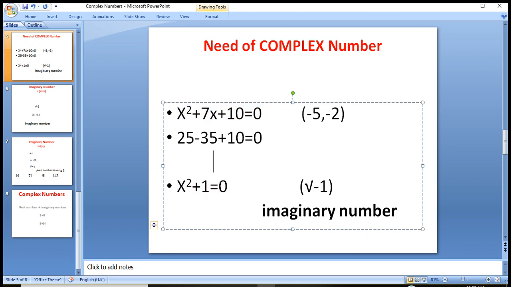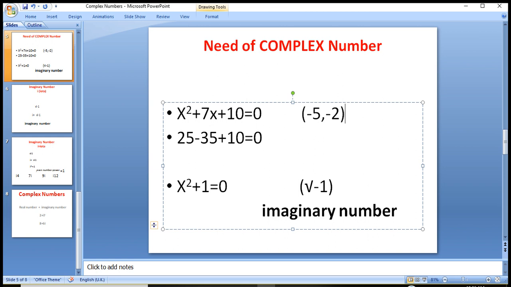The first is a quadratic equation and its roots are minus 5 and minus 2. It means if we put the value of minus 5 into x, then the answer will become 0. And if we put minus 2 in x, then the answer will also come 0.